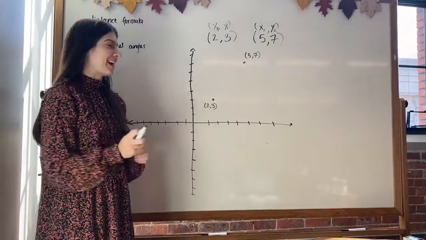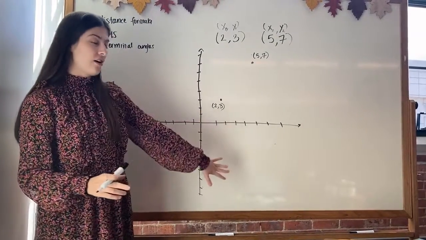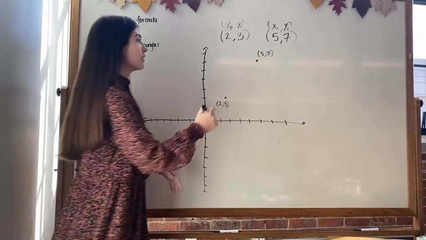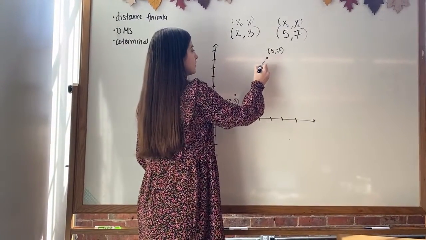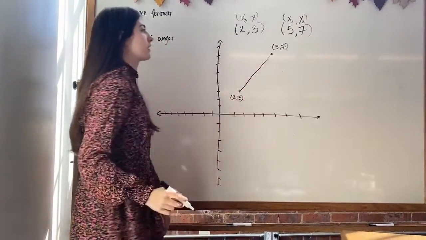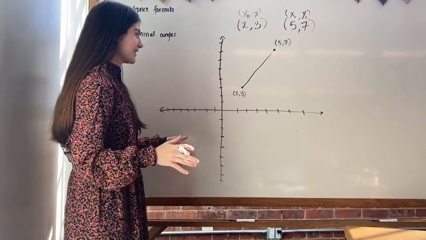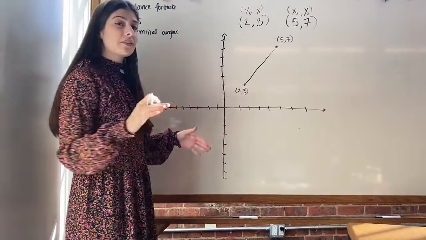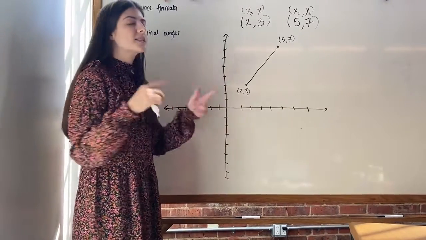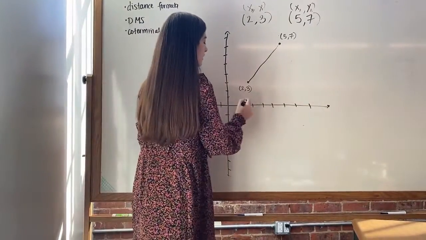Okay, so this is it on a graph now. All we're gonna do is find this distance right here. Hopefully we know how a graph works, but I'm gonna draw out the lines, and then we'll see something here. So we have 2 right here.